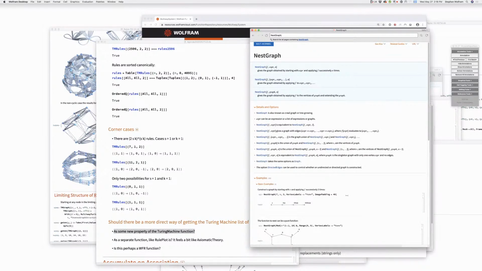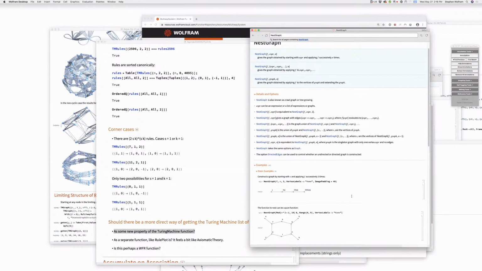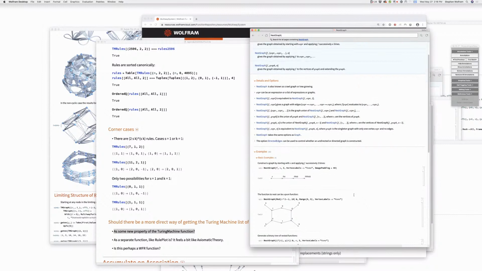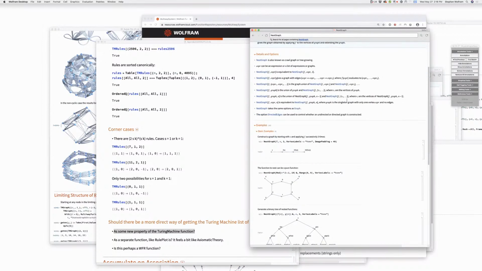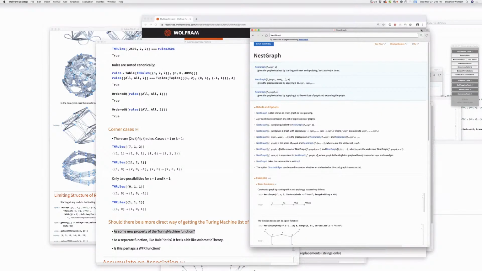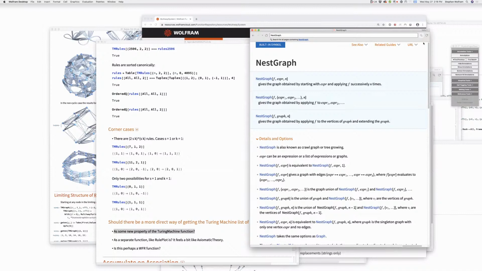So you claim that this is, okay, well, that's interesting. The other thing to mention about nest graph is that it assumes that the function is non-deterministic. So it'll actually run it many times, I believe. Do you get what I mean?